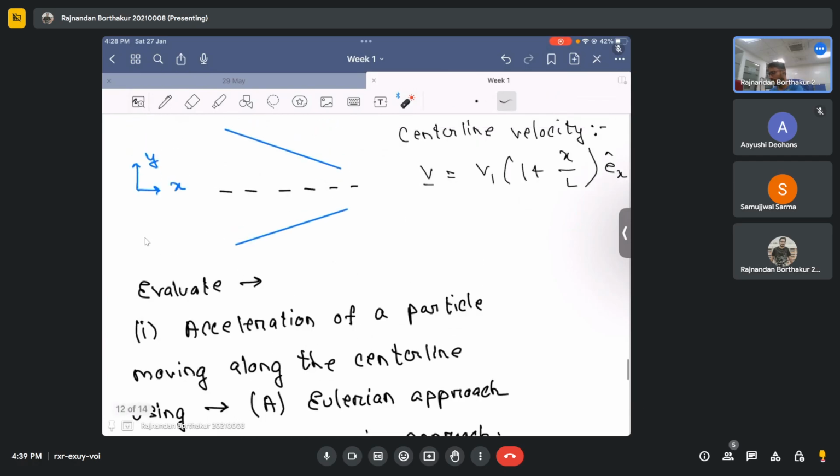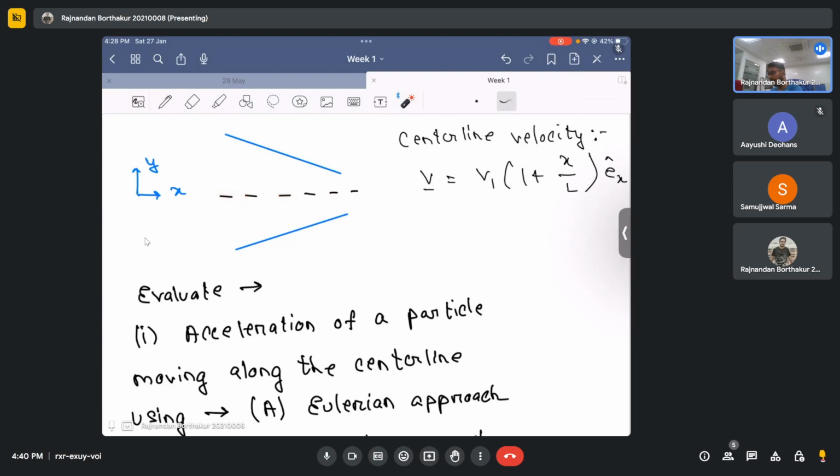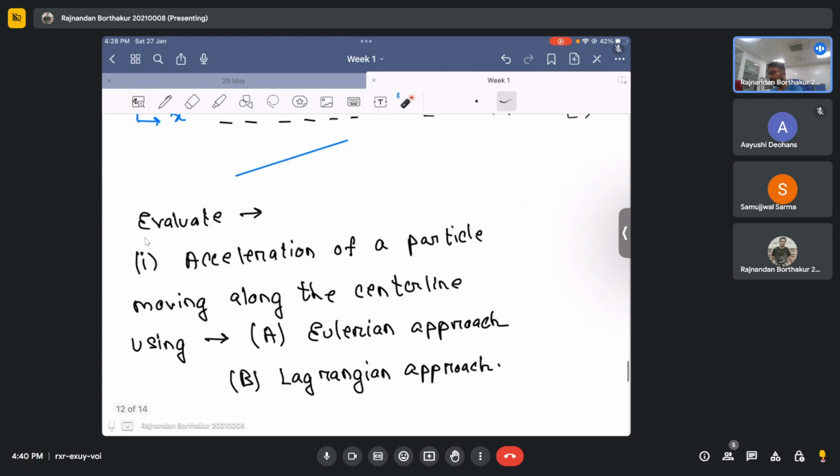I will repeat again. There is a duct. By nature of this duct, it looks like a converging duct, and the velocity of the water particles in this center line is given to us, which is this. It's an Eulerian description, as you can see. Having said that, they want us to find the acceleration of a particle moving through the center line using an Eulerian approach or a Lagrangian approach.